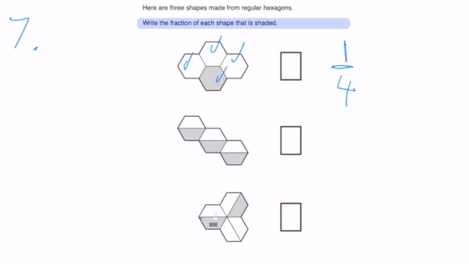For this one, there are 6 equal parts, and 3 are shaded, so it's 3/6 or a half. It doesn't say give it in its simplest form, so both answers are right. And for this one, there are 6 shapes. 2 of them are shaded. That could also be 1/3.